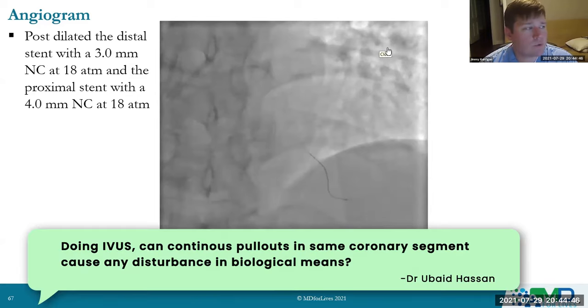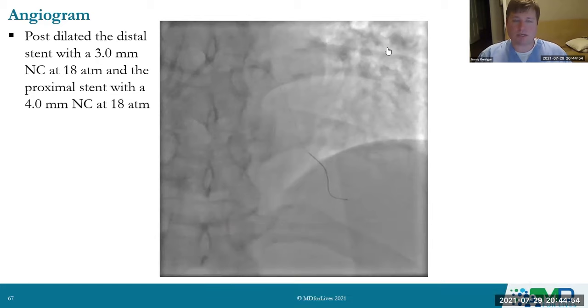A question in the chat: during IVUS, can continuous pullbacks in the same segment cause any disturbance from a biological standpoint? The question has been posited in the past, is IVUS safe? Does it increase the risk of the procedure? I think that no. There is a possibility, as with any intervention, that we disturb a plaque and cause a plaque rupture.